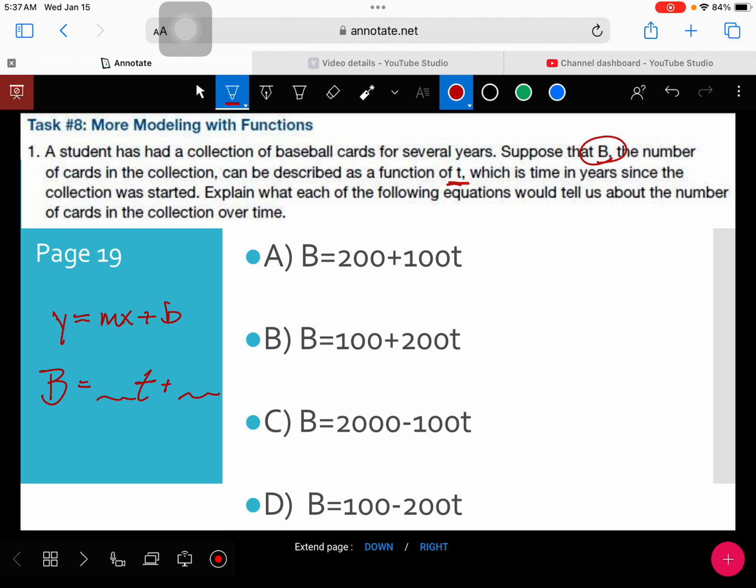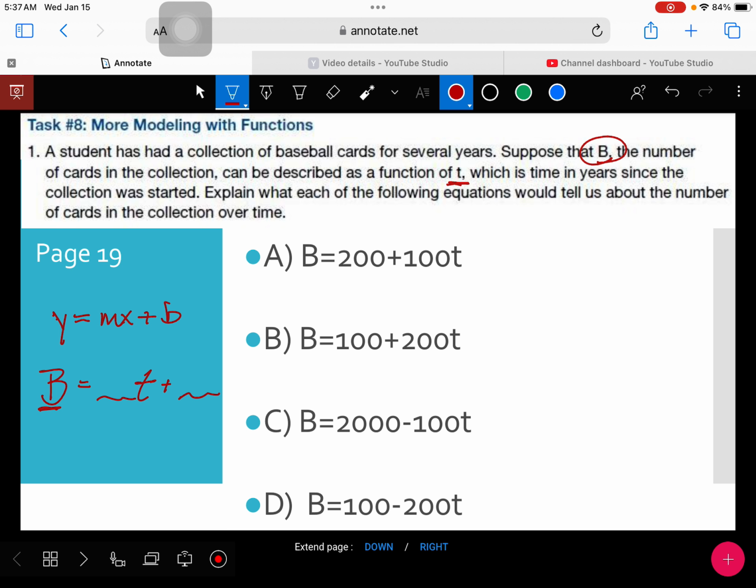So the total number of cards in the collection is equal to a function of T, something happening over time, plus some constant.